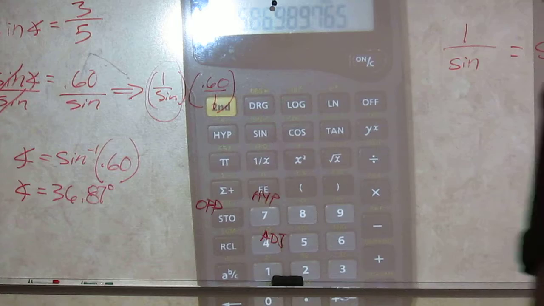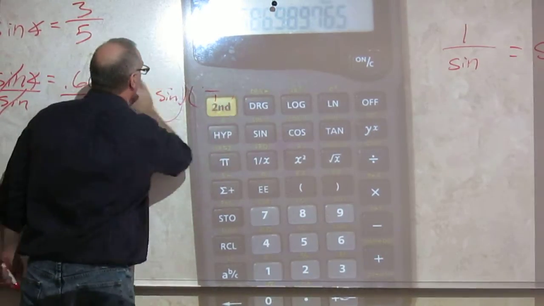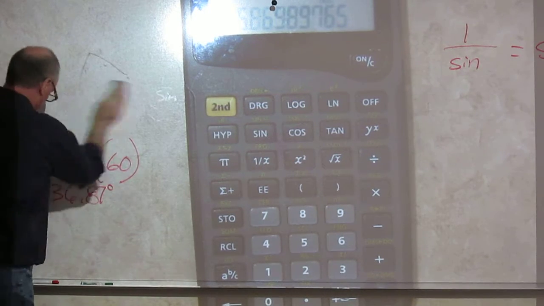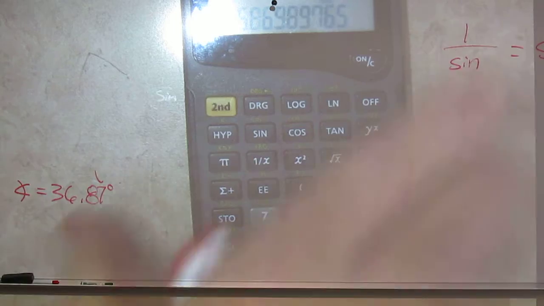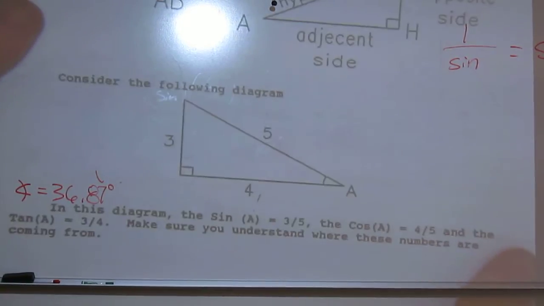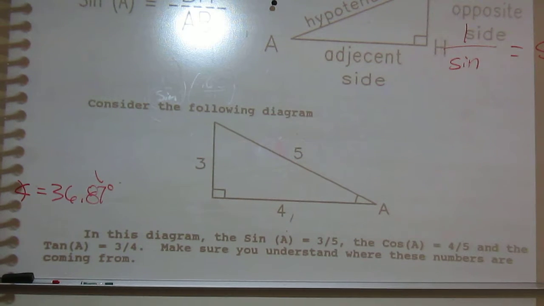Okay. So remember that number, 36.87. Now we're going to look at the cosine of that angle. Keep in mind, we're on the same triangle.